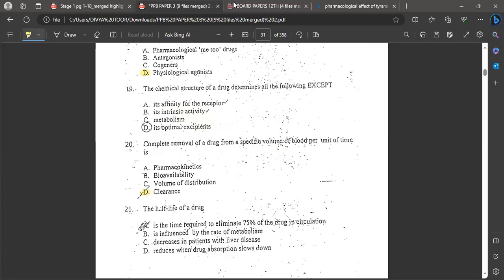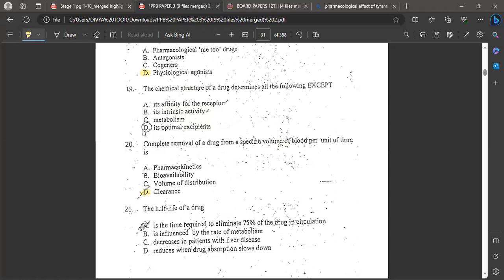We know antagonists are the ones which don't have intrinsic activity because they are attached to a large bulky group. So if you can decrease that, it can determine whether a drug can or cannot have intrinsic activity.